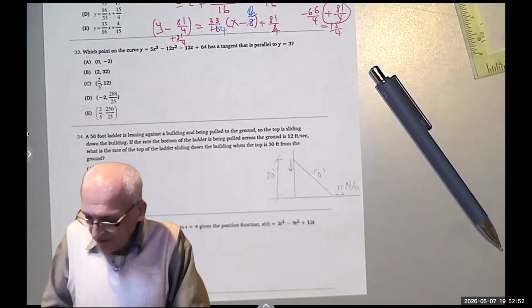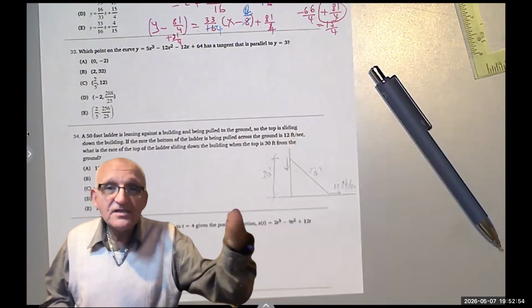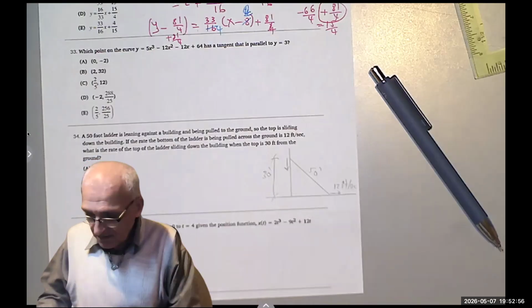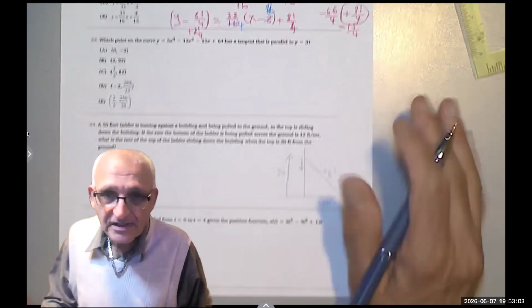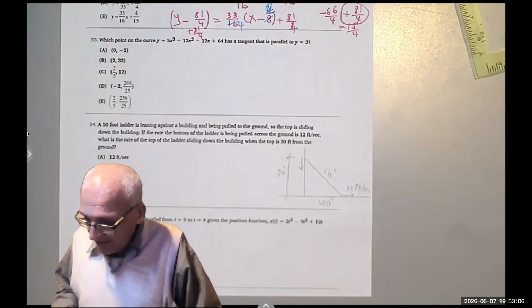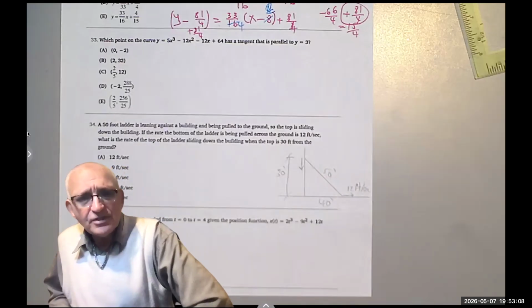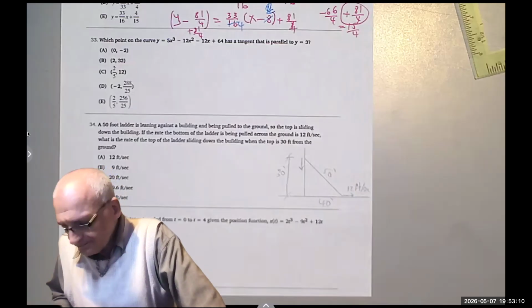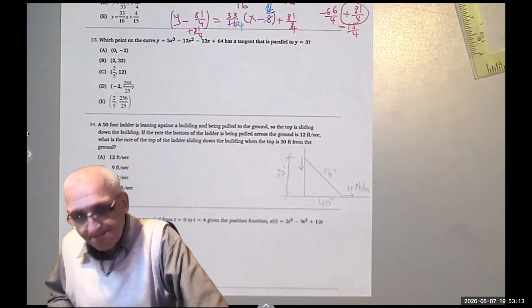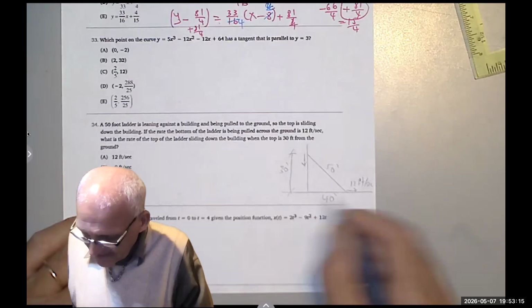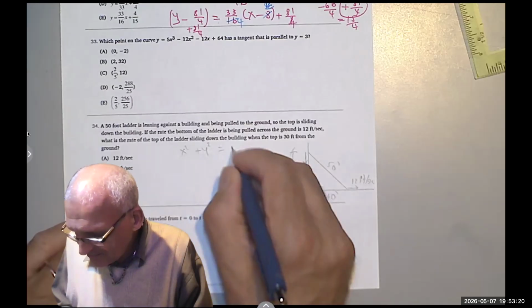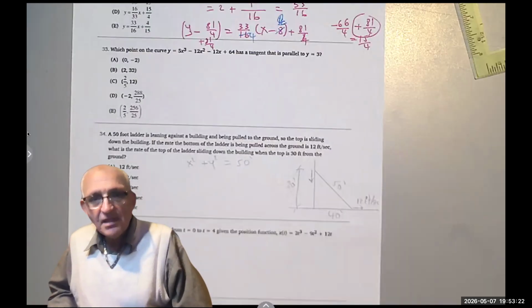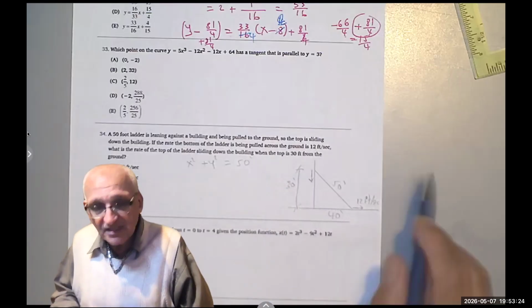Okay, so if this is 30 and that's 50, you think Pythagoras, 3, 4, 5, right? So this is 40. That shouldn't take you any time to get. 3, 4, 5, 30, 40, 50. Okay, and then how would you do it? I know that x squared plus y squared equals 50 squared, right? And x and y are changing, but the 50 doesn't.